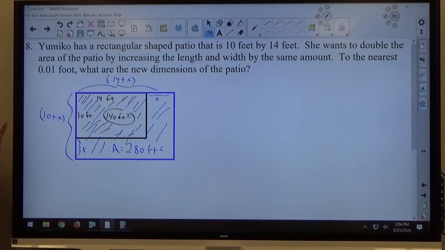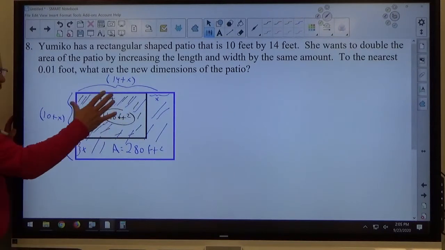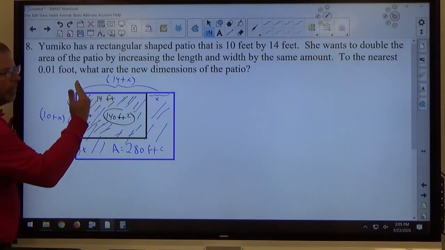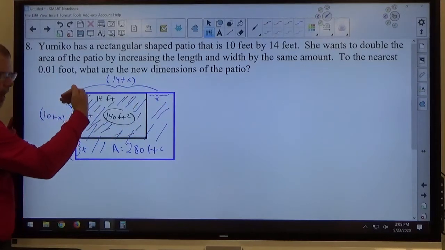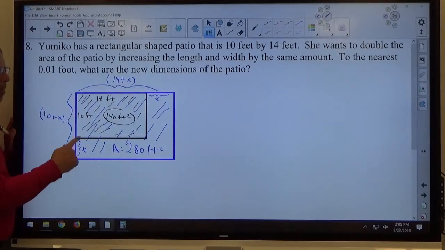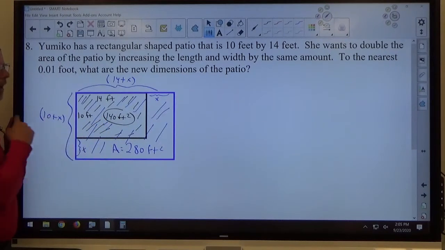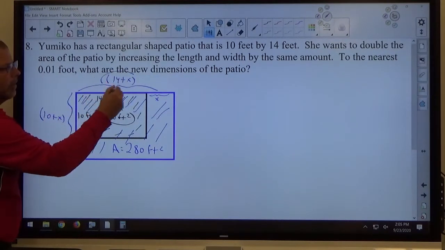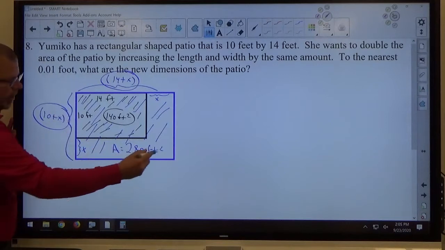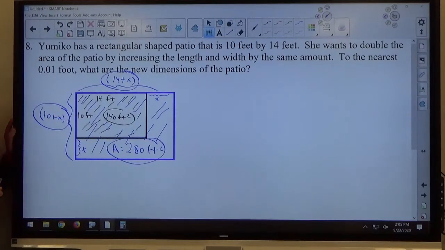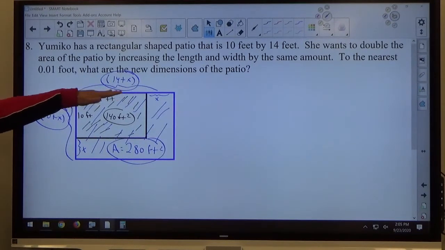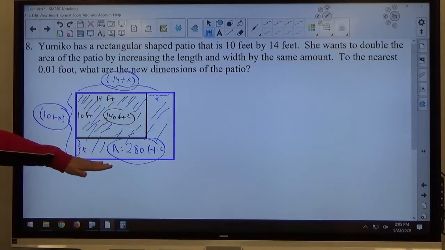So looking at the picture that I've created here, my original dimension is 14 by 10. I've gone x more feet that way and x more feet this way. My new area should be twice as much as it used to be. 140 times 2 is 280. And I know that length times width equals area. So the blue rectangle dimensions are 14 plus x length, 10 plus x width, area 280.